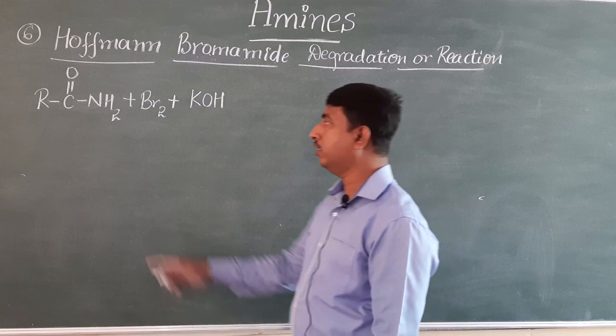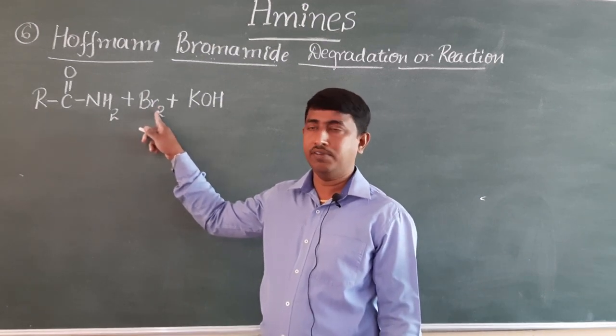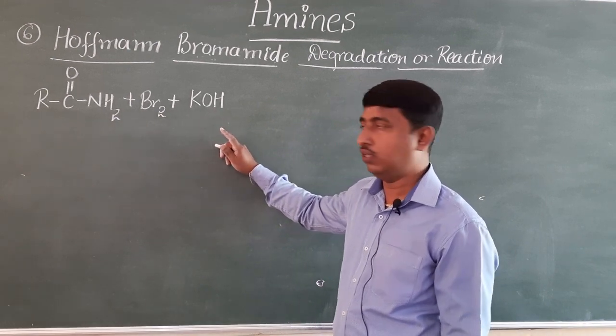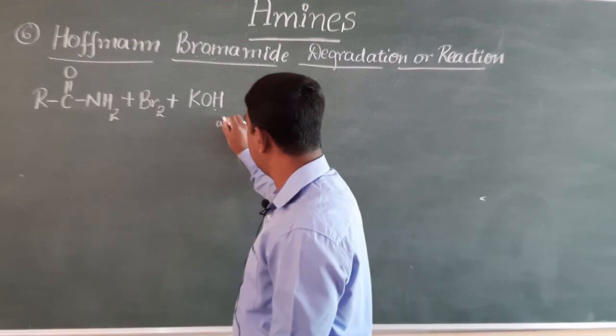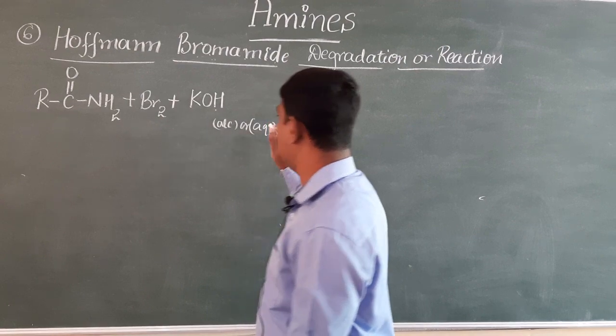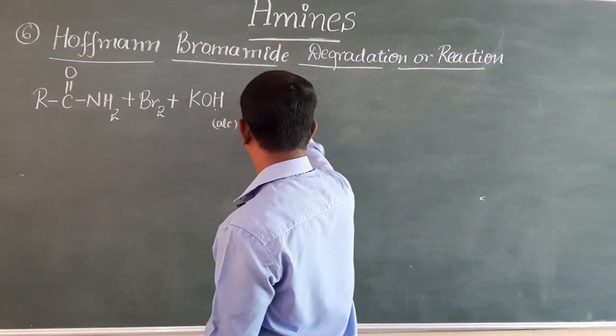So acid amide is treated with bromine along with potassium hydroxide, which can be either alcoholic or aqueous, and it is heated.